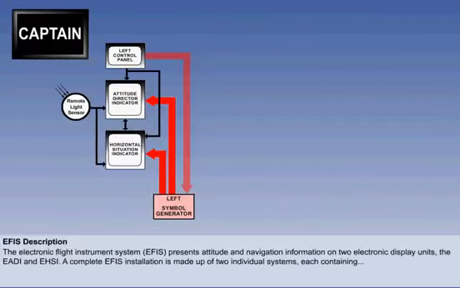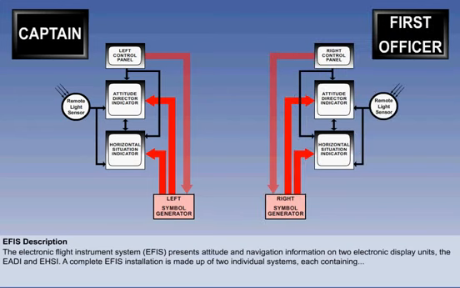A complete EFIS installation is made up of two individual systems, one for the captain and one for the first officer. In the diagrammatic layout here, we can see that each system contains an EADI, which is the preferred Boeing term. Airbus call it a primary flight display, or PFD.